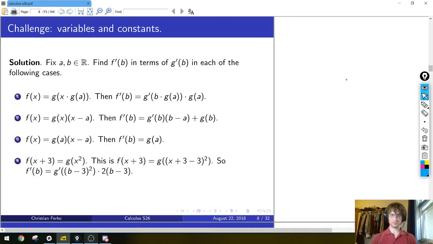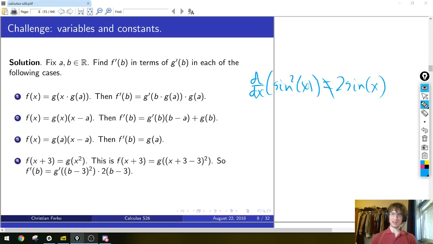So this was basically an exercise in saying that when you substitute something, you need to substitute it everywhere. Yes, true. This is, for instance, the same reason why d/dx of sine squared x is not what you would get by pretending that this thing is some x squared, giving twice sine x, because you could think of this, if you prefer, as being a derivative with respect to a different dummy variable.